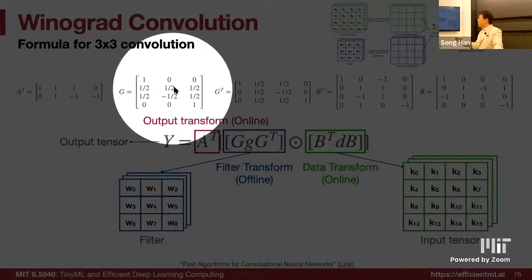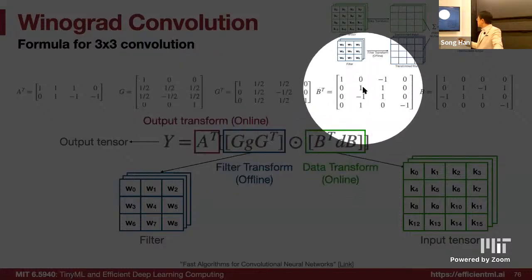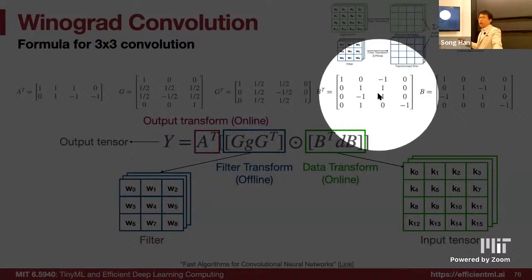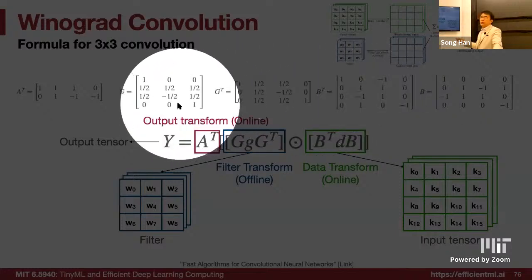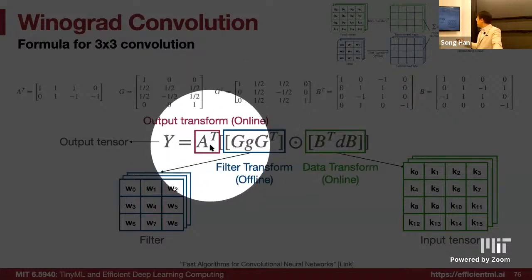Okay, 1/2 is basically shift by 1 bit. And this B transformation matrix consists of only 0, 1 and minus 1. So no multiplication is needed. Here, no multiplication is needed too. Only shift is needed. And the output transformation, the A matrix.